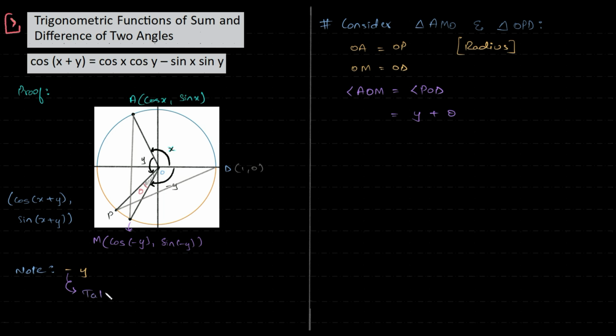This talks about direction and nothing else. So if I talk in terms of magnitude, plus theta is equal to magnitude of minus y plus theta. So in this way, the angles are equal.